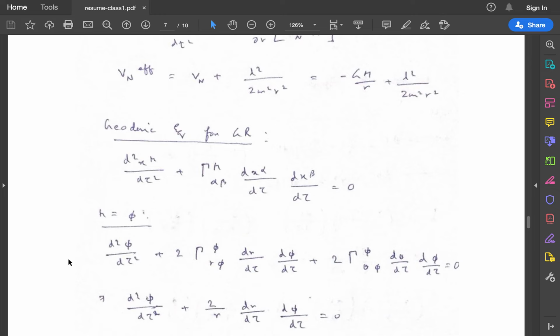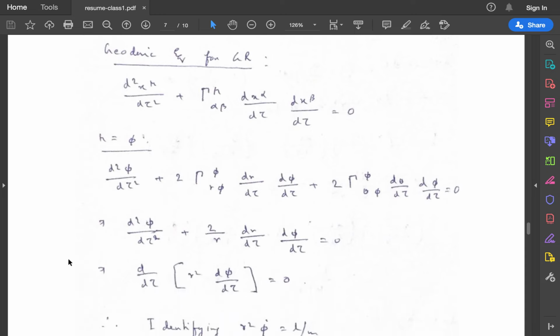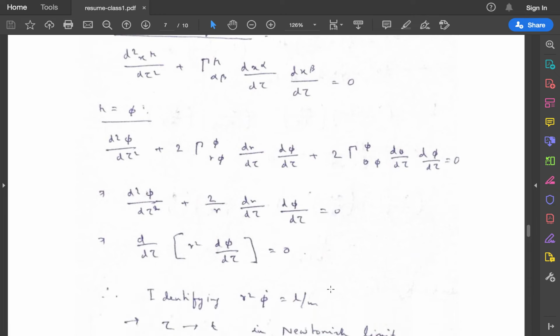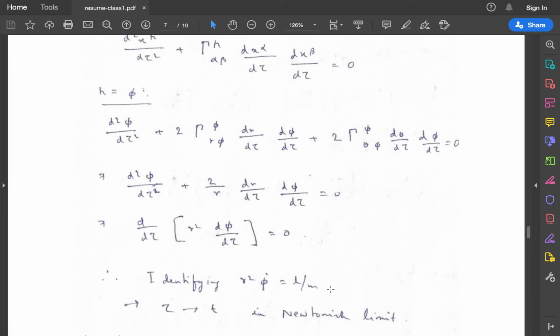If I write the geodesic equation and expand this, you can easily see that this is d square phi by d tau square plus twice gamma phi r phi dr by d tau d phi by d tau plus 2 gamma phi theta phi d theta by d tau d phi by d tau equal to 0. Because we know all these gammas, the Christoffel symbols, we can replace them here, and we will have an equation of motion for phi which is very similar to the equation of motion we got for phi in the Newtonian case.